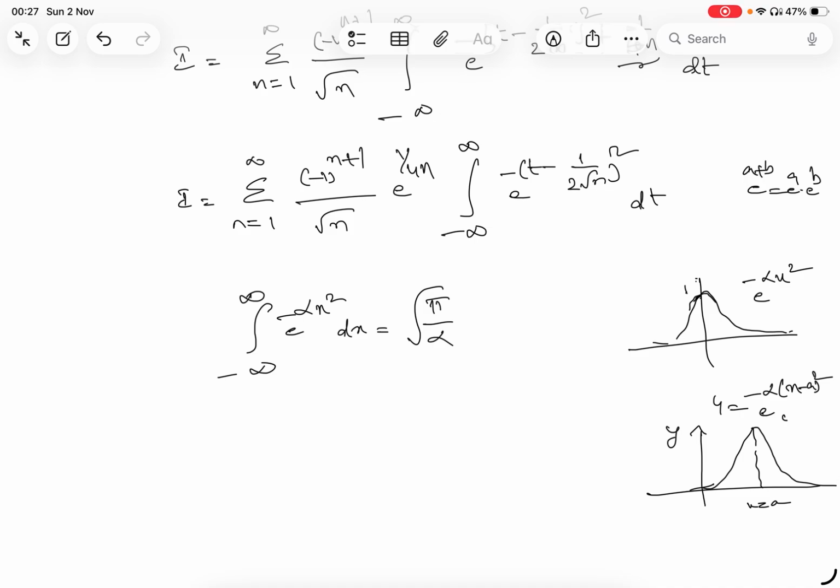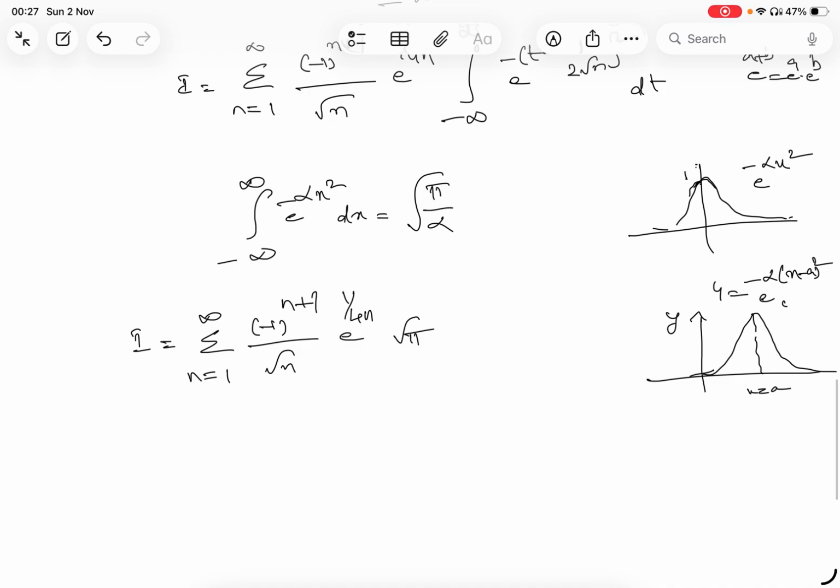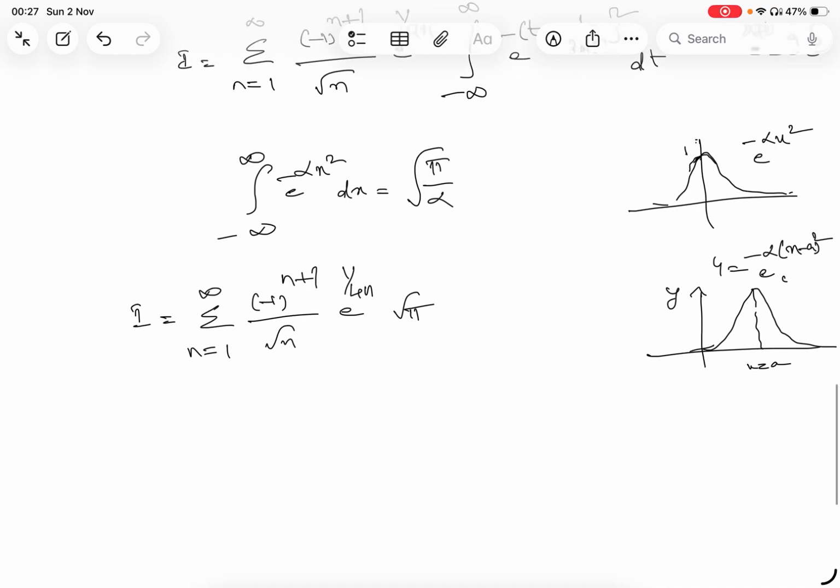Here alpha is 1. So I equal to summation n equal to 1 to infinity (-1)^(n+1) by root n into e power 1 by 4n. This will be root pi by alpha, alpha is 1, right? Into root pi. So finally write it down.